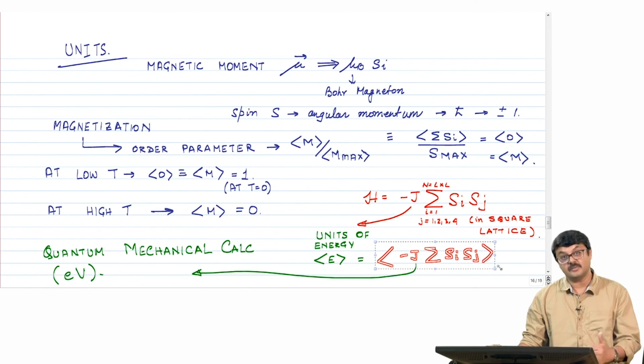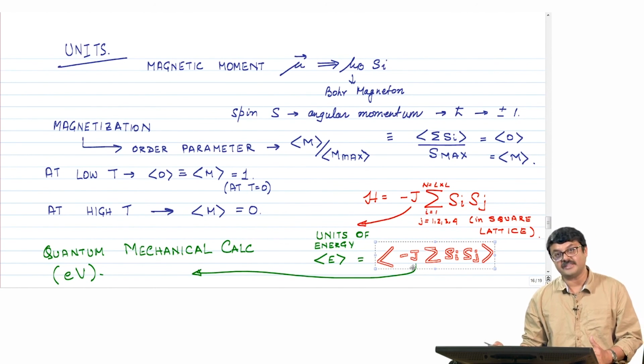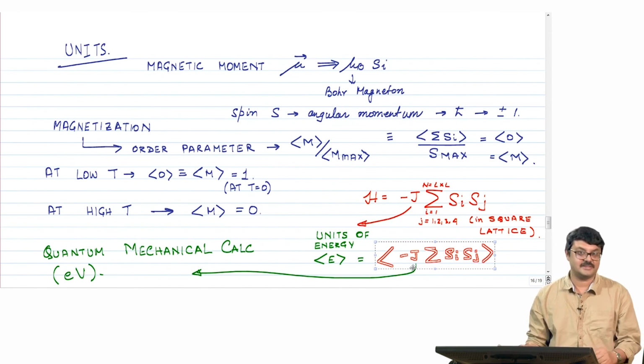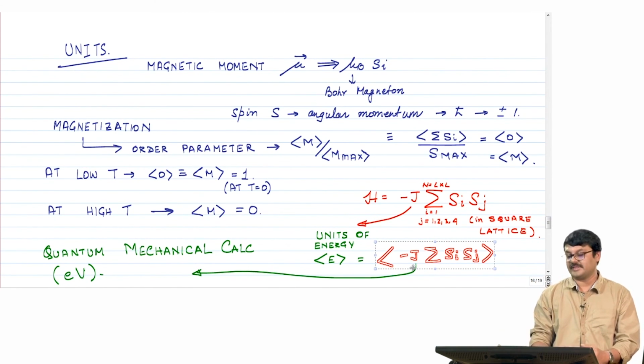And to calculate the thermodynamic or the average energy, one has to take an ensemble average. You generate different microstates and calculate the energy, averaging over these microstates, right.